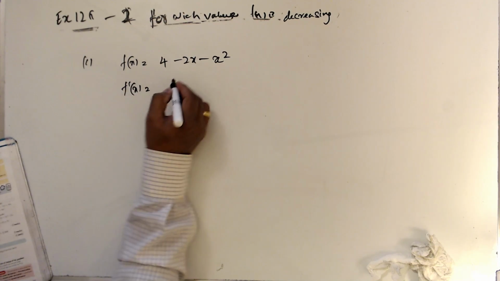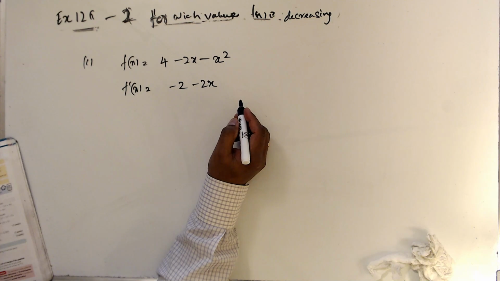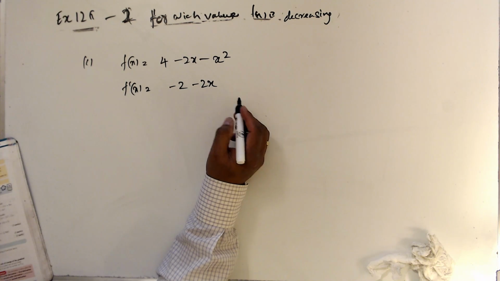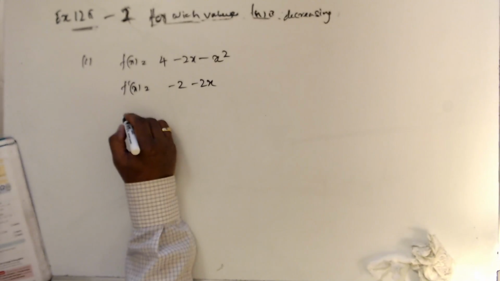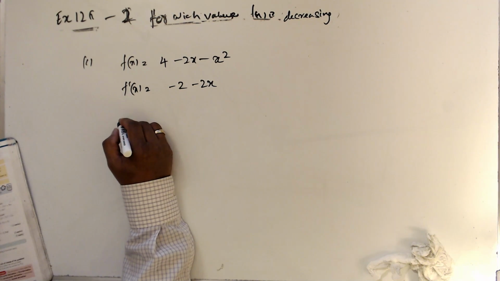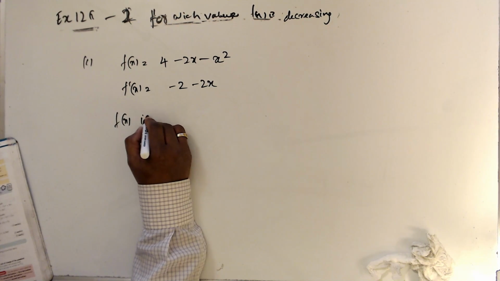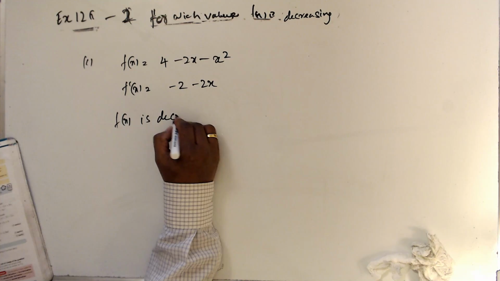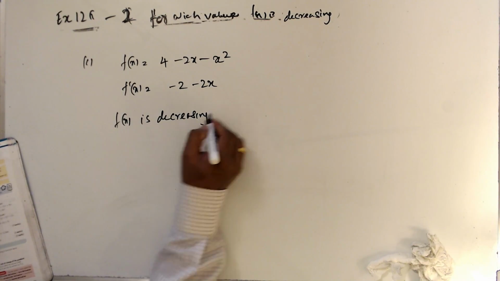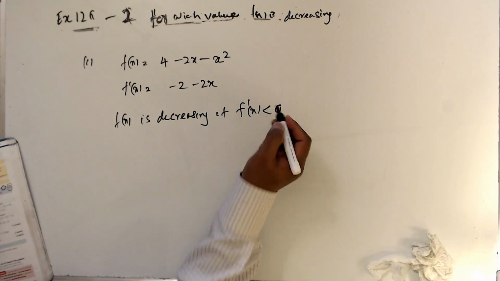f dash x is minus 2 minus 2x. So f x is decreasing if f dash x is less than 0.